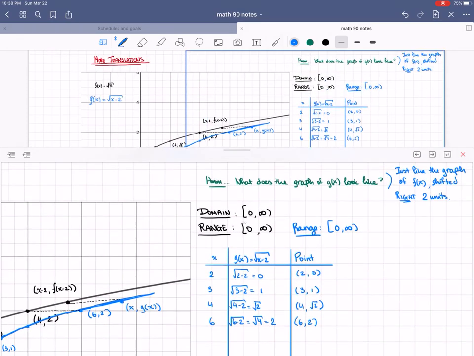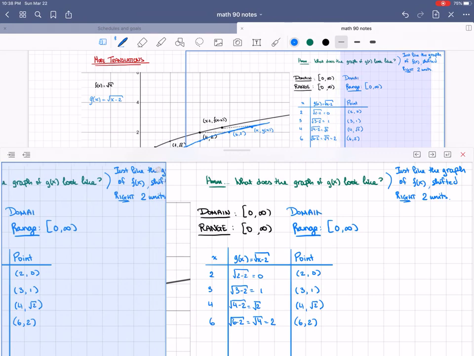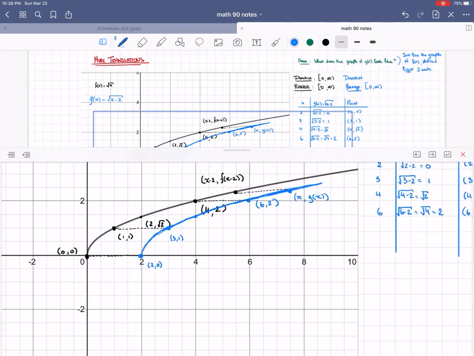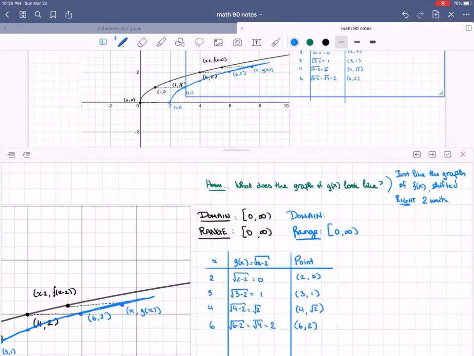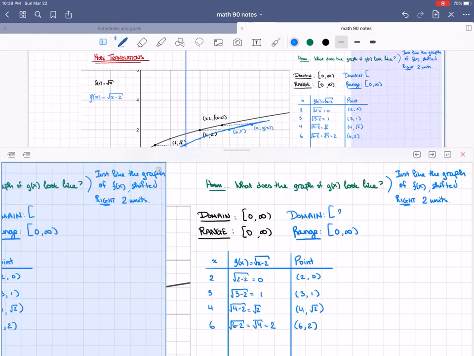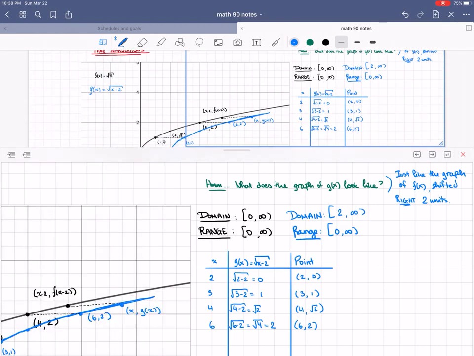Whereas if we look at domain, well, we can look at the graph. The first point on the graph, the leftmost point, has x-coordinate 2. There are no points on the graph whose x-coordinate is less than 2. So the domain starts at 2 and then keeps going from there. So I want you to notice that the domain is also shifted to the right.